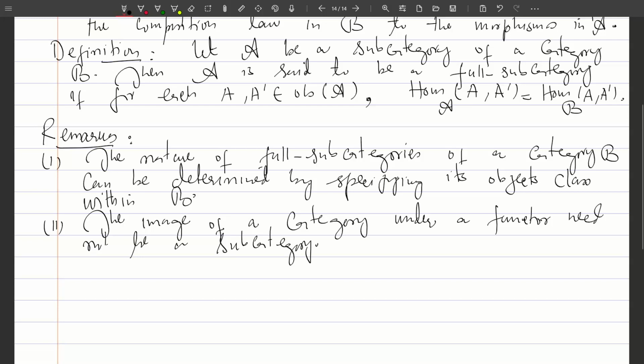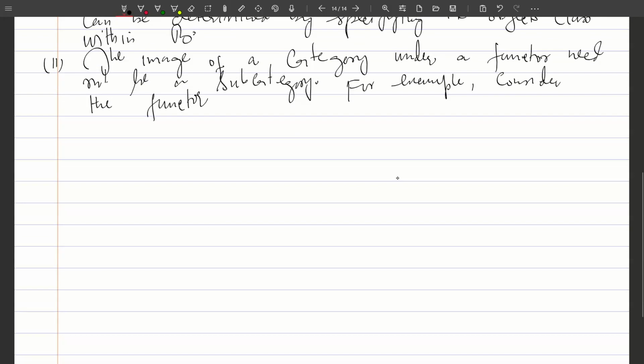So for example, suppose we have a functor, and we have a morphism F between the objects A and B, and another morphism G between objects B prime and C. This functor takes these morphisms like this.